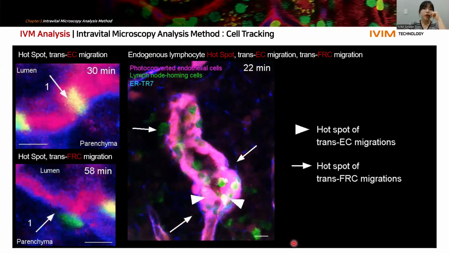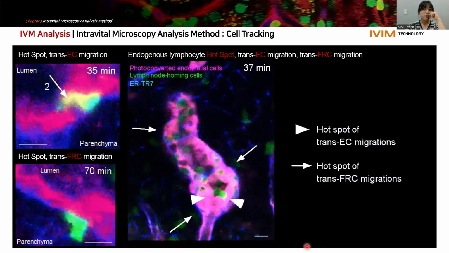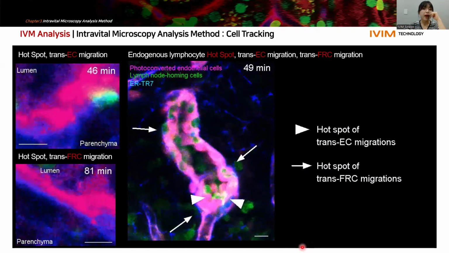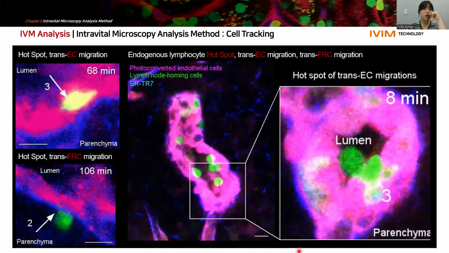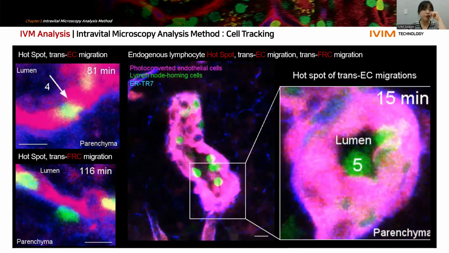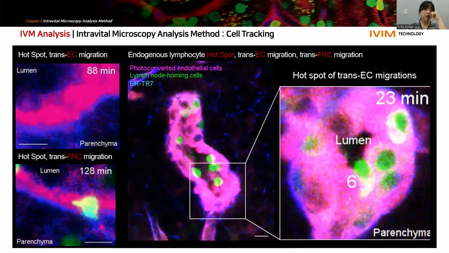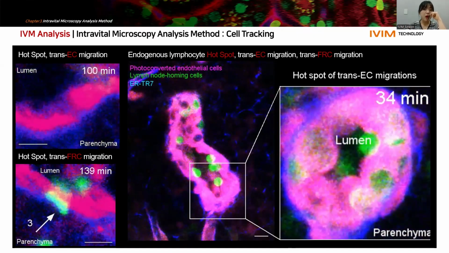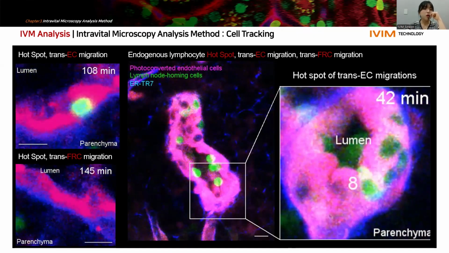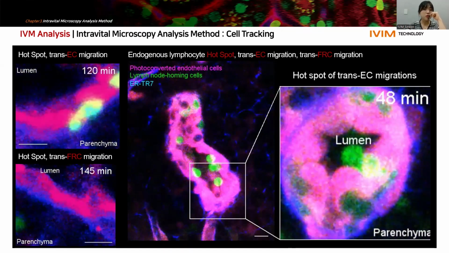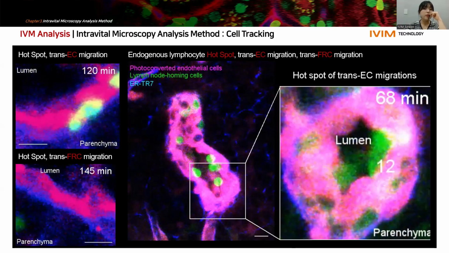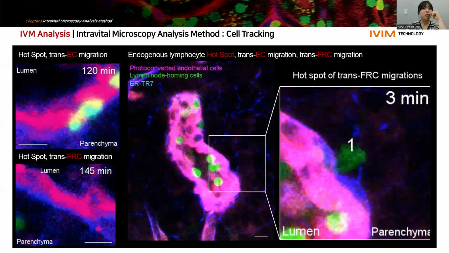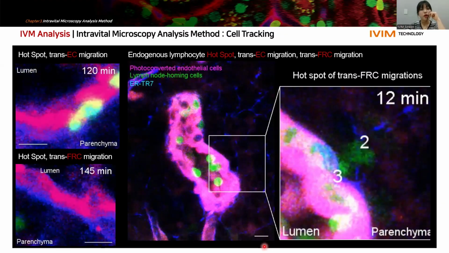Through long-term 3D imaging of the same sites, we further discovered that lymphocyte extravasation does not occur randomly across the entire HEV. Instead, it happens repeatedly at particular regions, or so-called hotspots, which are specialized exit sites where immune cells preferentially leave the bloodstream.